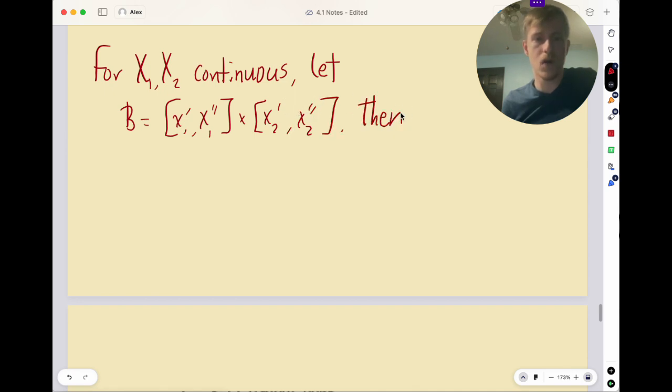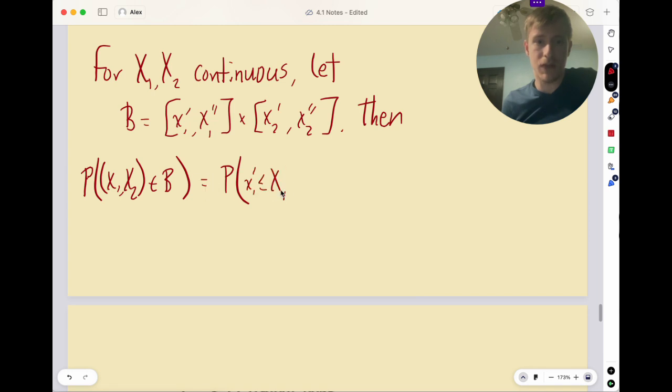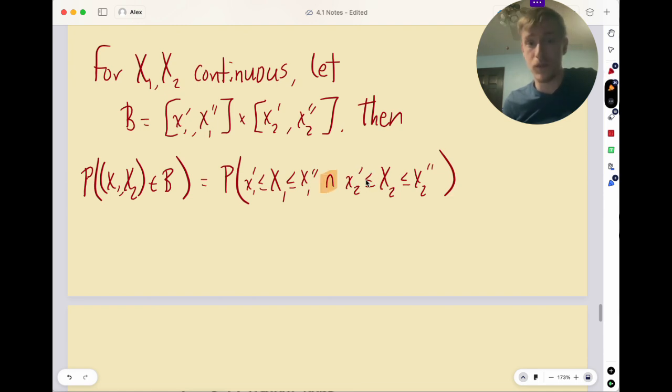Then recall that the probability that x1 and x2 reside in B, I can write as the probability that x1 is between x1 prime and x1 double prime, and that x2 is between x2 prime and x2 double prime. And there's that intersection symbol.